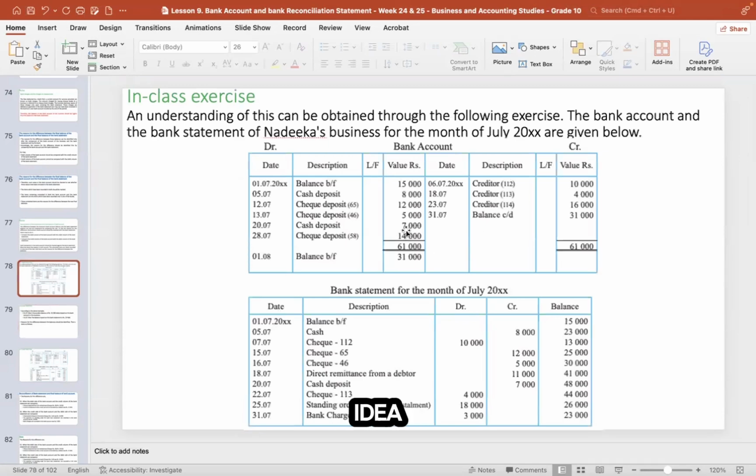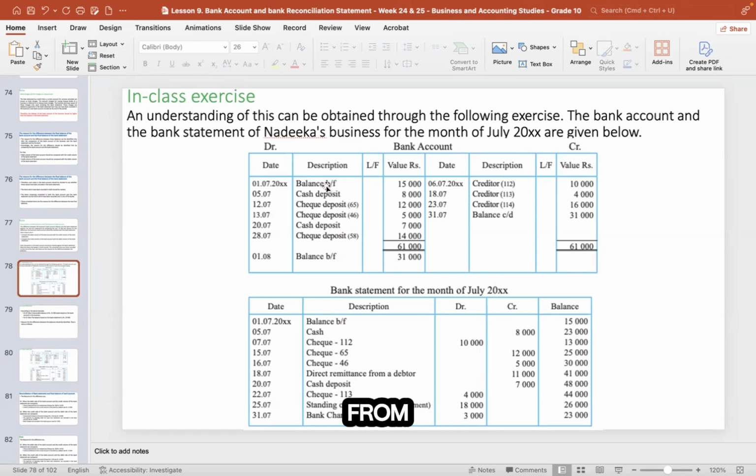So what you should ideally do is firstly finish writing this, and then we are going to check the debit side of the bank account with the credit side of the bank statement, and the credit side of the bank account with the debit side of the bank statement.